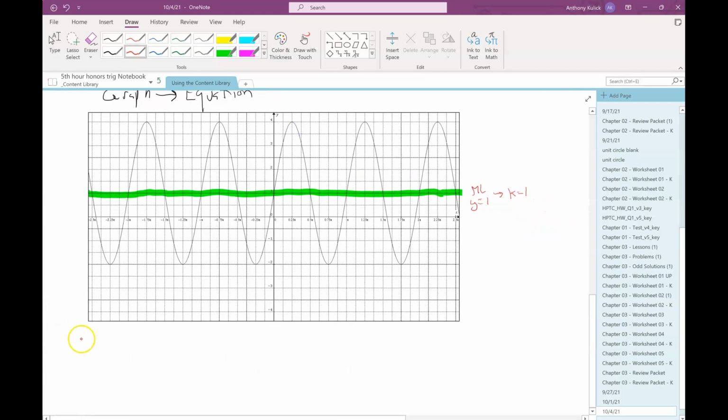And I guess before we get going too far, for a situation like this, where we're writing the equation from the graph, there's really infinitely many possible answers. You can write these as either sines or cosines. It doesn't really matter.